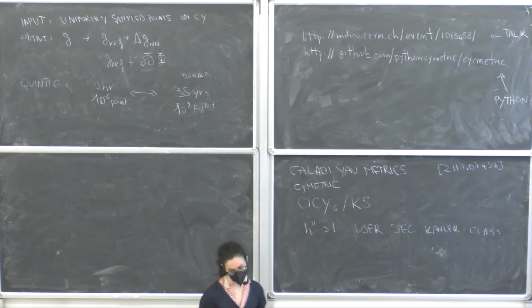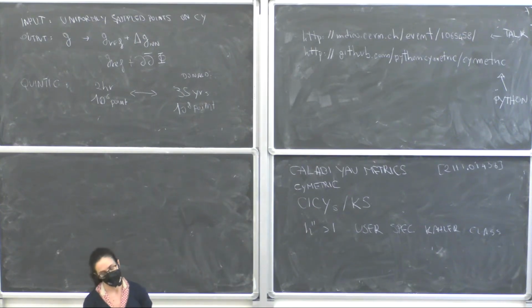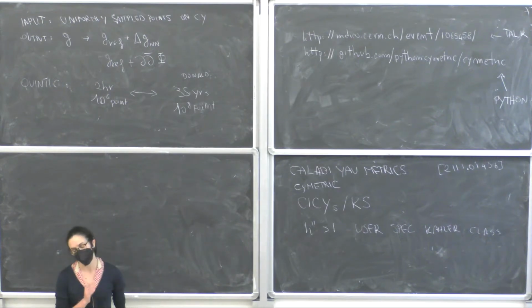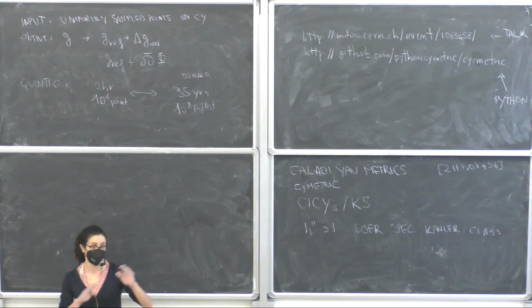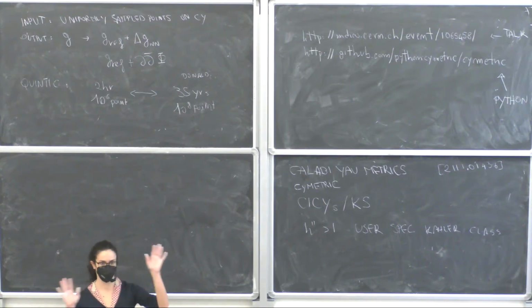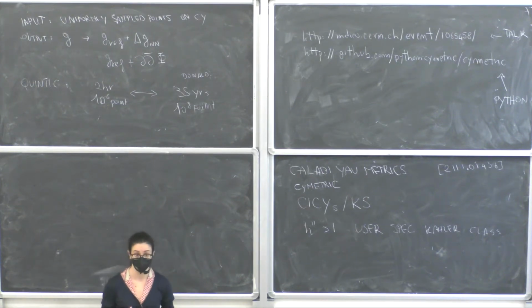So, indeed, the point is that now I'm going to talk about the network and how the network works. Actually, compared to what I presented previously, behind this work there is a huge coding machinery, because they had to find a way of uniformly sampling points on the Calabi-Yau.